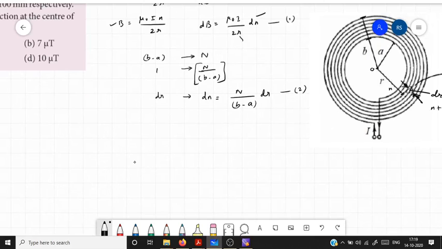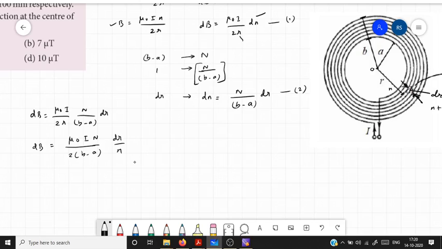So therefore dB is equal to mu naught I divided by 2r, n by b minus a into dr. Now let us write this expression with all the constants taken together on one side, which is mu naught I, the total number of turns n, which is not going to change, divided by 2 into b minus a, and then the variables are only these two, dr by r.